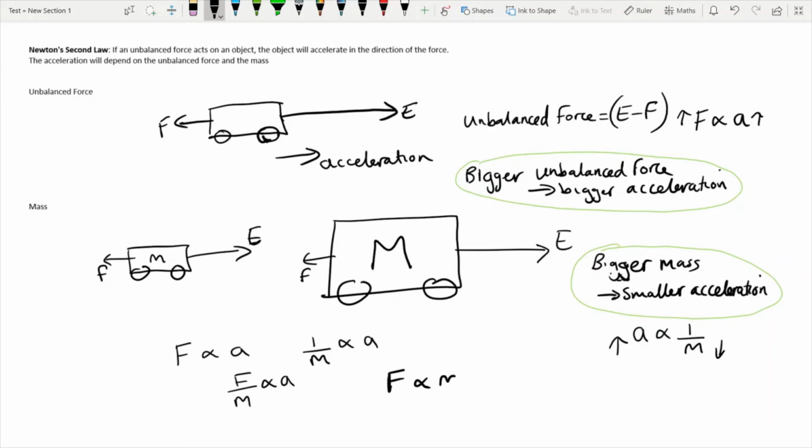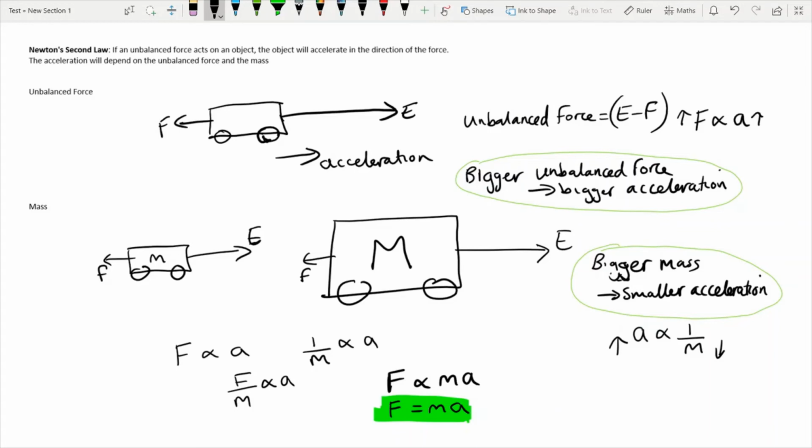F is proportional to M times A. And we can also rewrite a proportional sign as F equals a constant times mass times acceleration. And in this case, our constant is just 1. So we've got F equals MA. And that's basically the shorthand way of writing Newton's second law, force equals mass times acceleration.